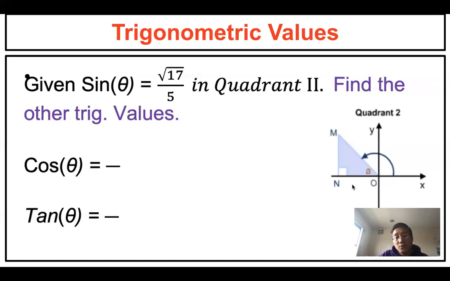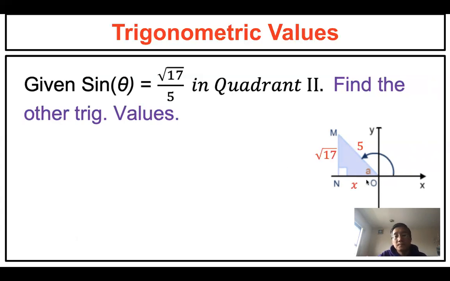And then you don't know the X value, right? You don't know the X coordinate. X will be positive or negative? X is negative. In the second quadrant, X is negative, Y is positive. Then how do you find it? You need to find the X value, right? What do you do? Yeah, Pythagorean theorem.